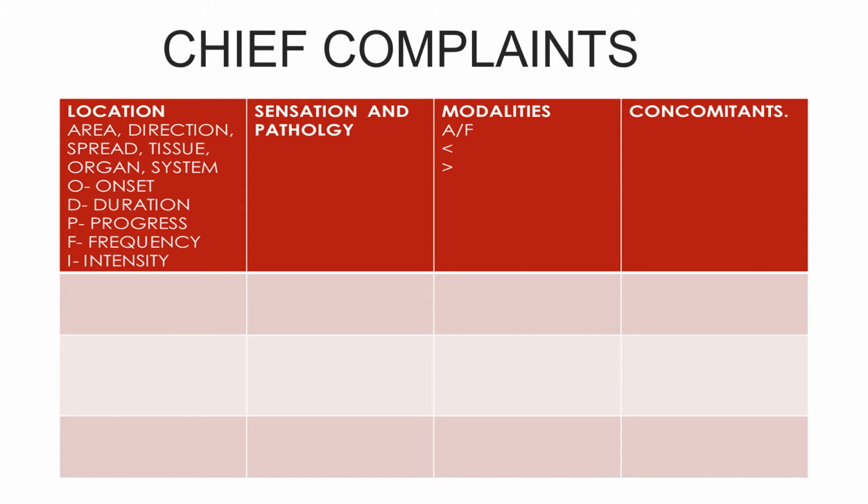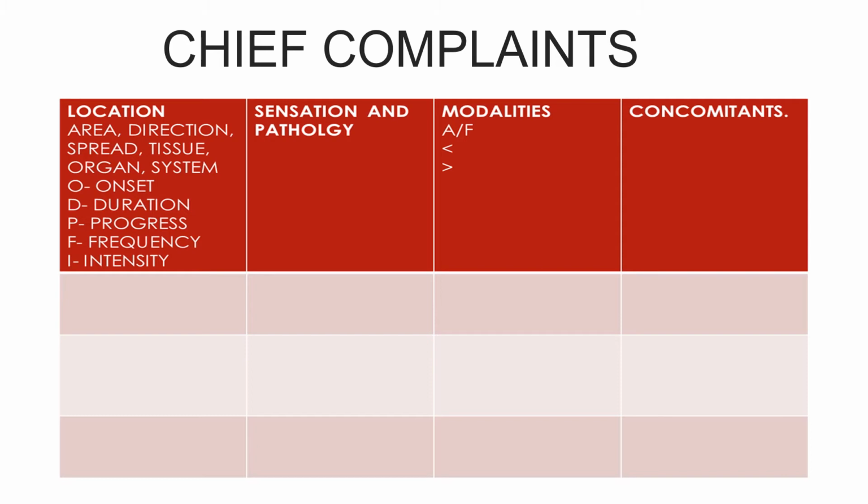Under that, we will consider the ODPFI, which is onset, duration, progress, frequency, and intensity. The onset is how the disease appears, duration is how long, progress is how fast the disease progresses, frequency is how frequently the patient experiences the symptom, and the intensity of the symptom.